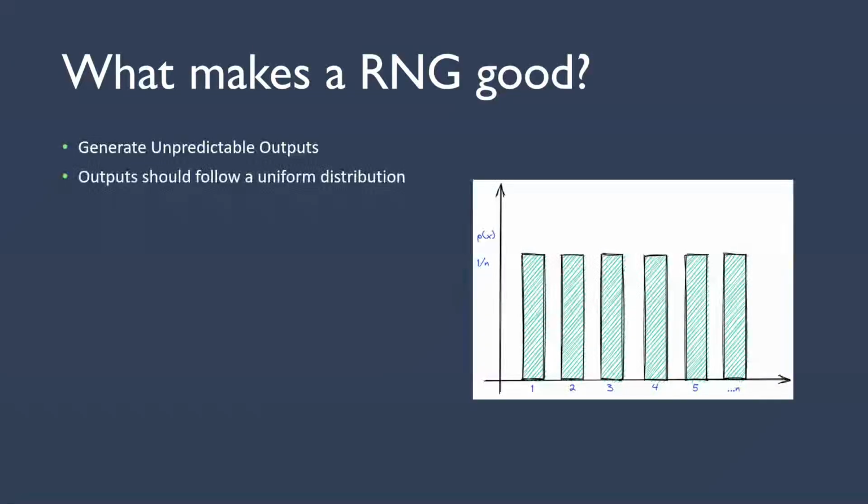The next thing is that output should follow a uniform distribution. This is an important concept that essentially means that every single number needs to have an equal chance of being picked. If you have a random number generator, for example, that can only pick even numbers, 2, 4, 6, etc., that drastically cuts down the entropy because it cuts your options in half.